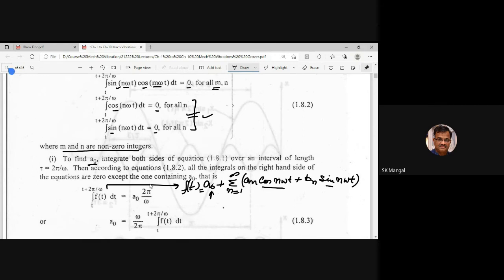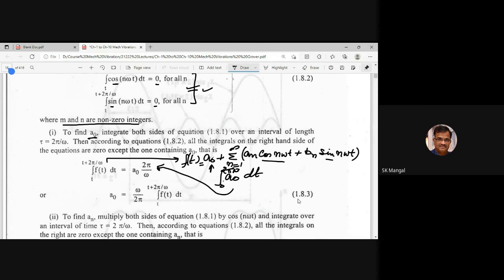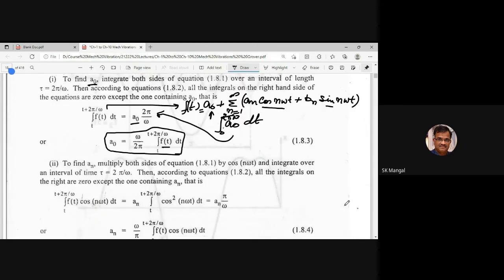Basically you are having a naught into dt from 0 to 2 pi by omega, and it comes out like this. From that you can find this term, which is given by omega upon 2 pi into the integration of the f(t) function over one time period.